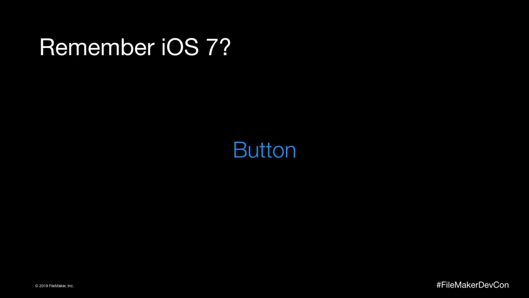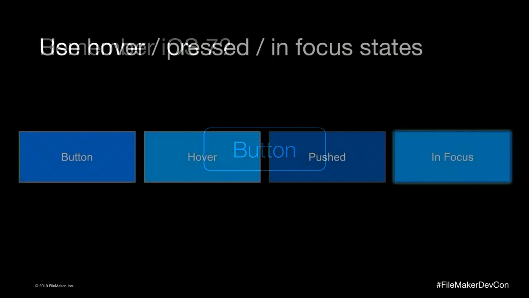Because they couldn't tell if that was white or gray or what. They had no idea what was a button and what wasn't a button. It was a real misstep for Apple. But they fixed it in iOS 8. Surprising how just that little bit of addition of a little border around it makes you know, oh, that's something I can tap on or that's something I can click on.